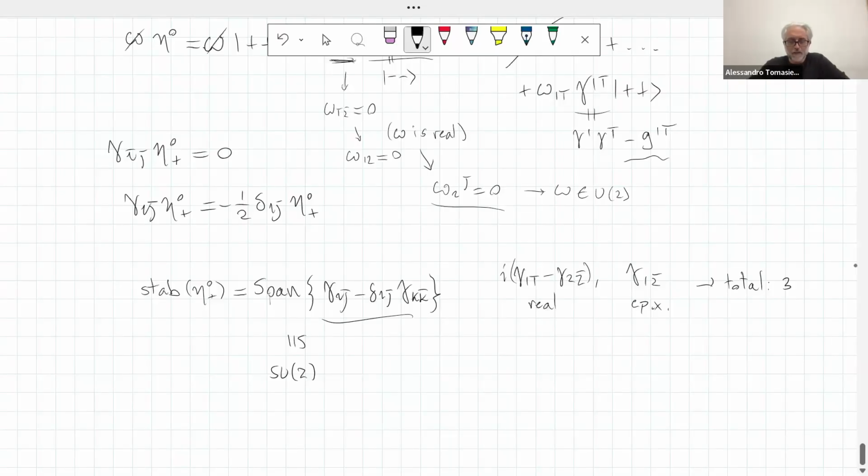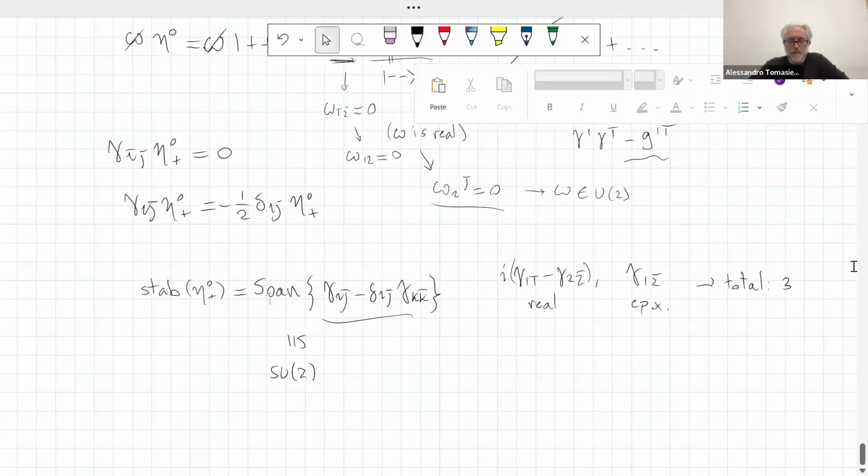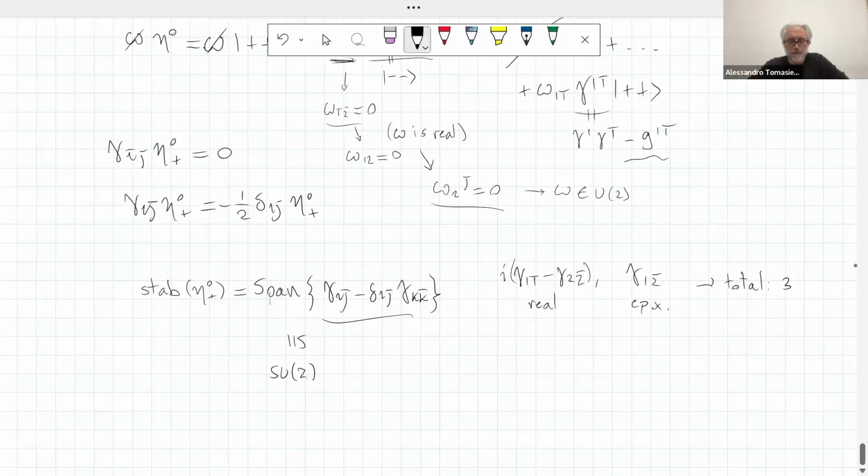Now, if this were the only condition, we would have that the generators are gamma ij bar, and this would span the algebra U2. But the fact that I subtract this extra term makes it so that now instead of being U2, it is SU2. We have basically subtracted the trace.